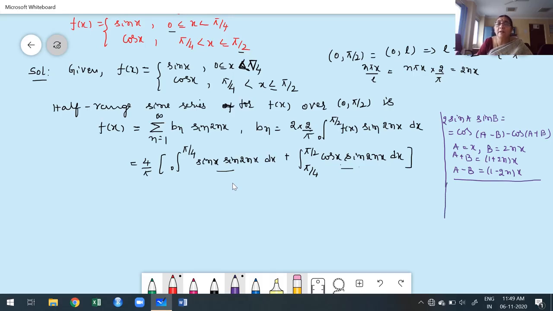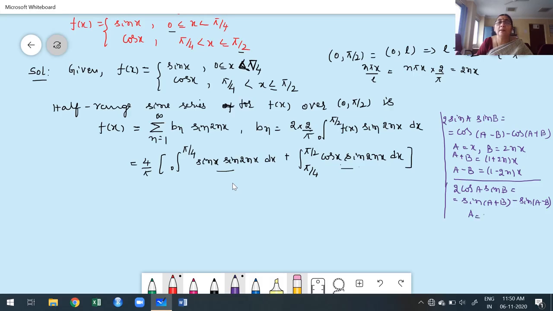Similarly, the second integral is in the form of 2 cos A sin B. What is 2 cos A sin B? It is sin of A plus B minus sin of A minus B. What is my A?